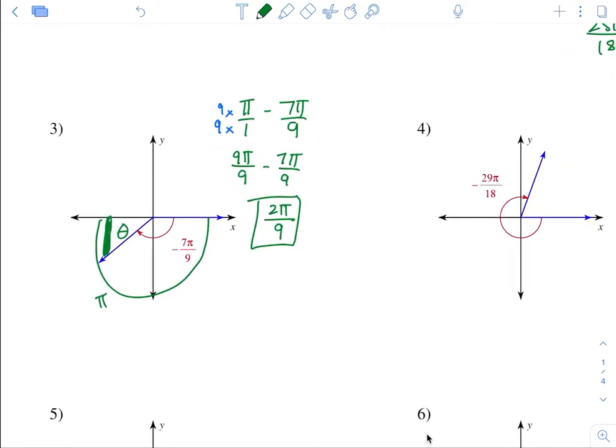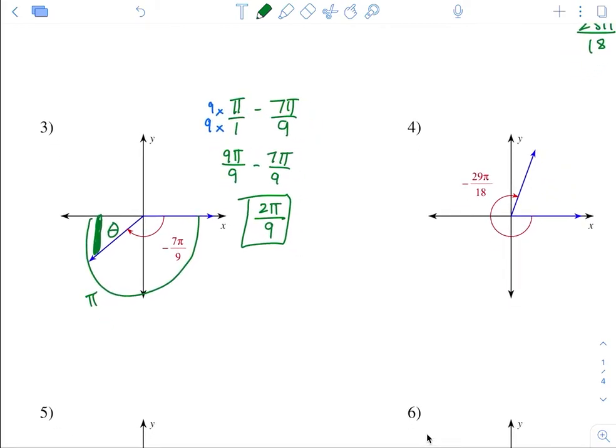Number 4. Alright, so that's negative 29 pi over 18. So we know that a whole entire circle is 360 degrees, or in terms of radians, we know it's 2 pi. So if we know the whole circle is 2 pi, then all we need to do is subtract this from 2 pi in order to give us this angle, which would be our theta.